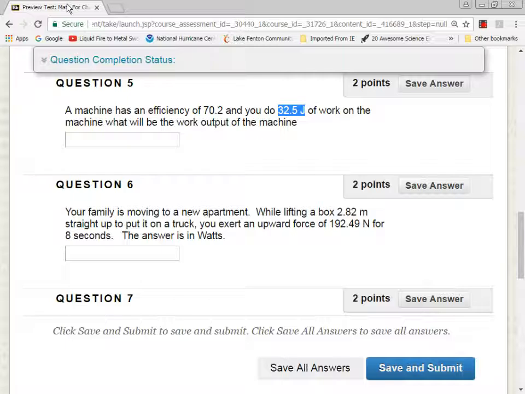Pretty simple stuff though, because over here you've got the same thing. While lifting it straight, a machine has an efficiency of 70.2, times 32.5, divided by 100, and that will give you the work output.